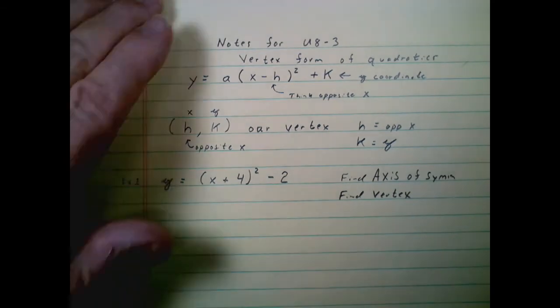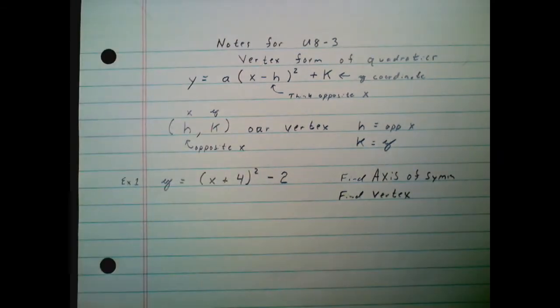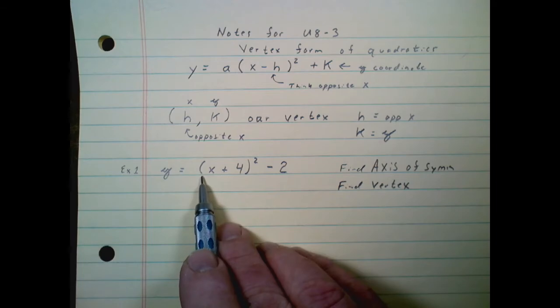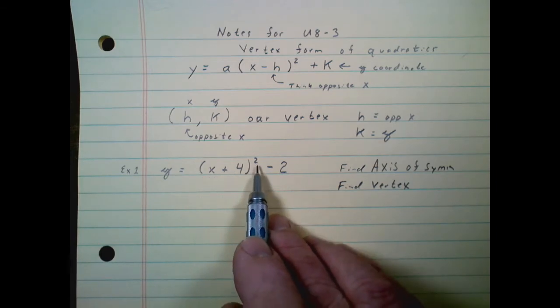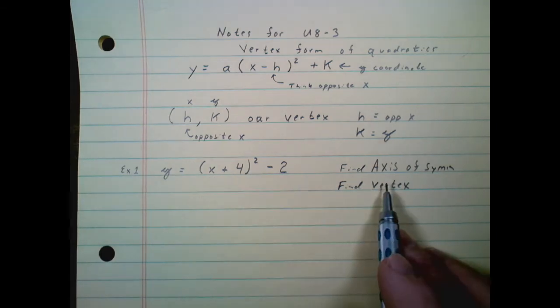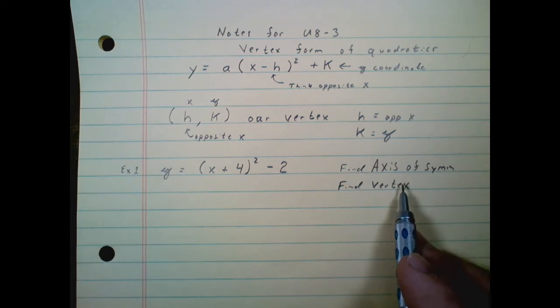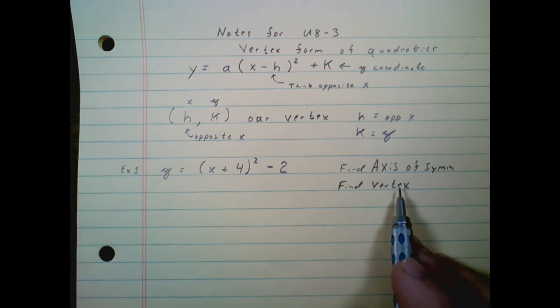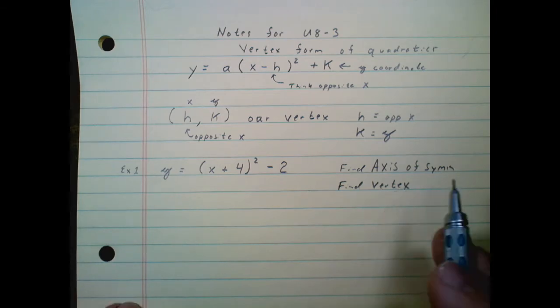Okay, so this is our first example here. So write that down. Y equals, parentheses, x plus 4 squared, subtract 2. First thing we want to do is find the axis of symmetry, and we want to find the vertex. The cool thing is we can find these without even bothering to graph it.